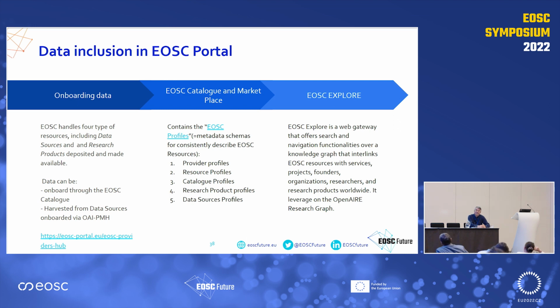As Anka mentioned before, there is now EOSC Explore, which is based on OpenAIRE Explore. So basically, what are we showing? I am a part of the data inclusion team. It means that what I would like the people here to know is that now you can find data on the EOSC Portal. What kind of data can you find?